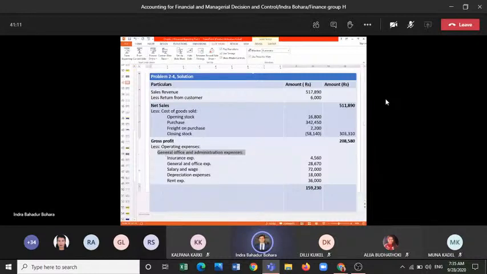We also have another expense heading, selling and distribution expenses. We are not given selling expenses, but we should show the heading, selling and distribution expenses.